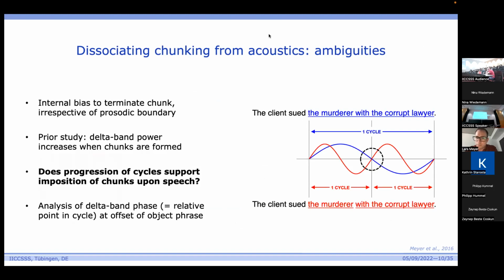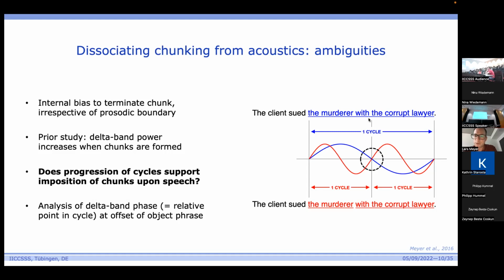Simple-minded as we are, we thought we could address our toy model of chunking and the relationship between chunking and oscillations with that paradigm. Our hypothesis was that if people terminate a chunk at this point in the sentence, we should be observing the end of one of these cycles.